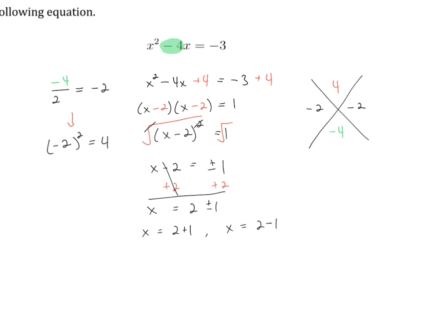So x is equal to 2 plus 1 means that x is equal to 3, or x is equal to 2 minus 1, and that right there is a positive 1. So that is our final answer for x squared minus 4x equals negative 3.